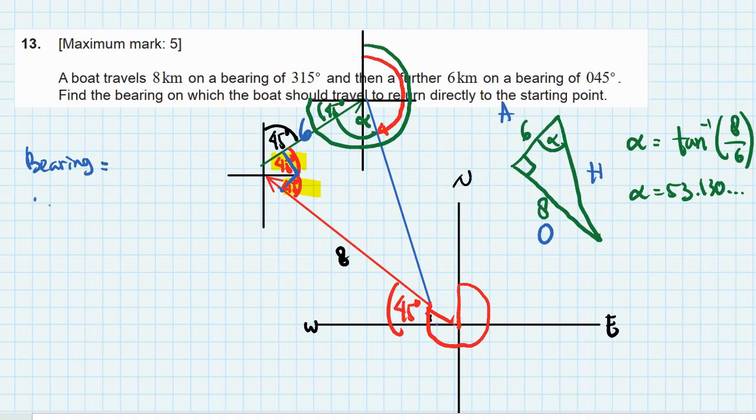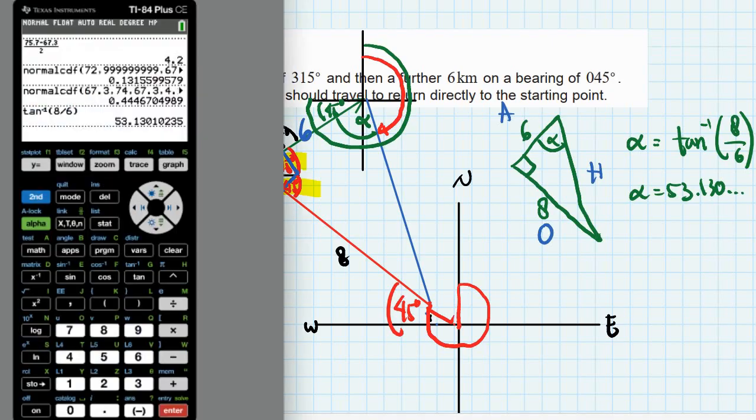The bearing will be equal to 270, coming from this green line, minus 45 degrees, which comes from this angle, minus 53.130, which is alpha. So the bearing equals 270 minus 45 minus alpha.